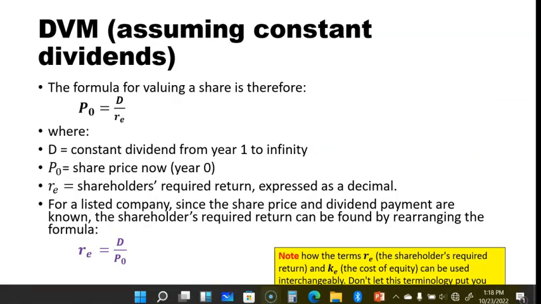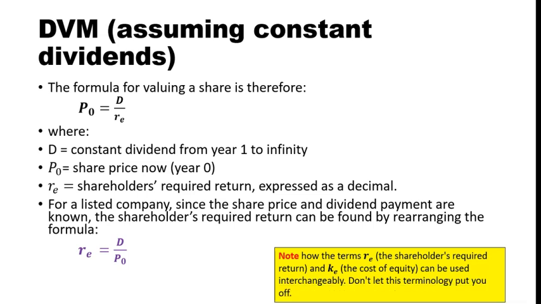So basically, assuming that the dividends would be constant, then the formula for valuing shares would be P0 is equal to D over RE, where D is equal to the constant dividend from year 1 to infinity.